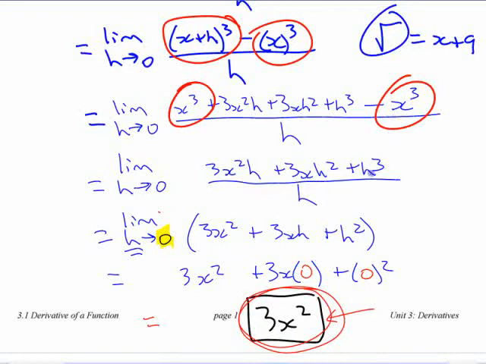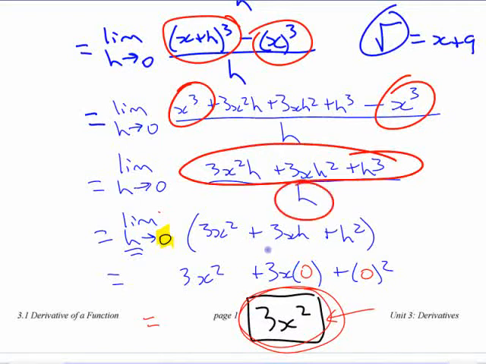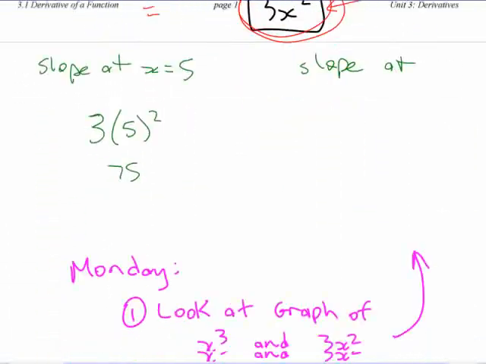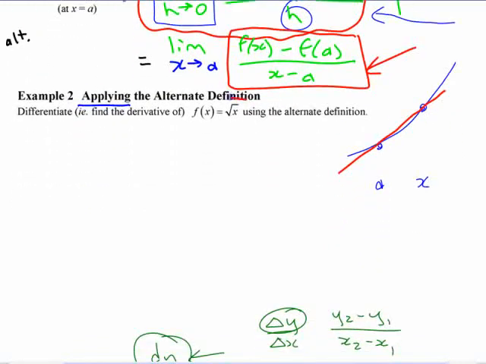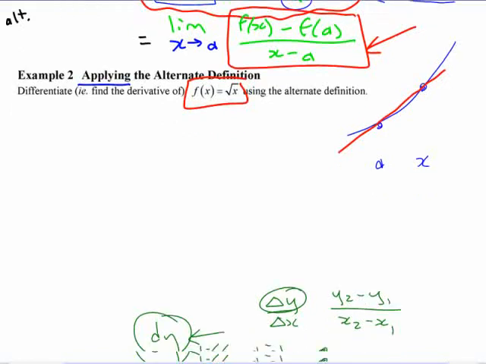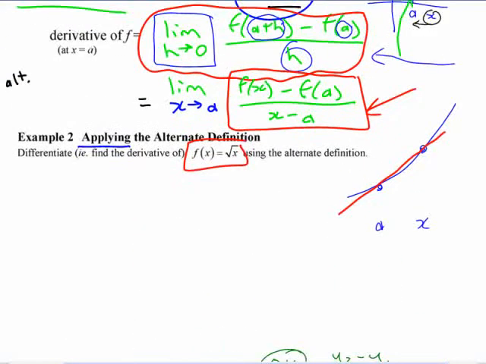And the reason that helps is because then everything up here has an h, and you can divide by h, and then you can sub in the 0. Whereas for some other kinds of functions that aren't polynomials, that's not going to work. This one, y equals root x, happens to be one that's not going to work this same way here.